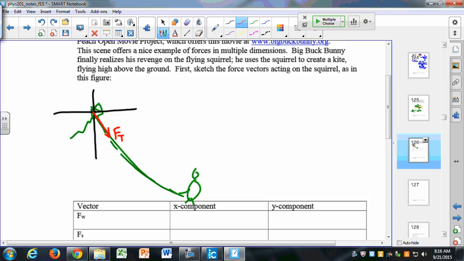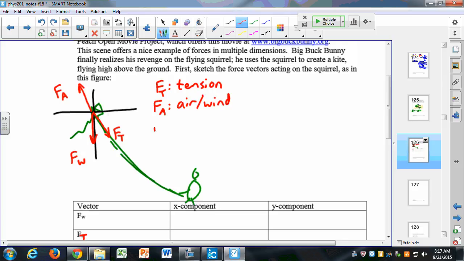There's a tension in the string. I have the weight of the guy, Fw, and then I also have the air resistance, so I'll call this Fa. Ft is the tension in the string. Fa is just the force from the air or the wind, like a kite. And then Fw is just the weight.